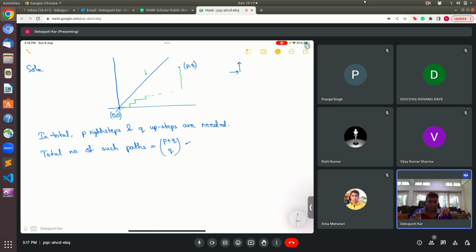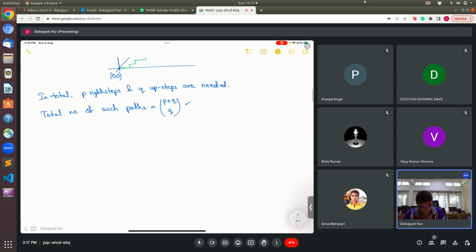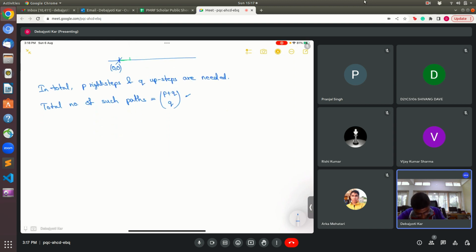We will show a bijection between these, let's call them bad paths, and some set which we can count efficiently. So our task is to count the number of bad paths.